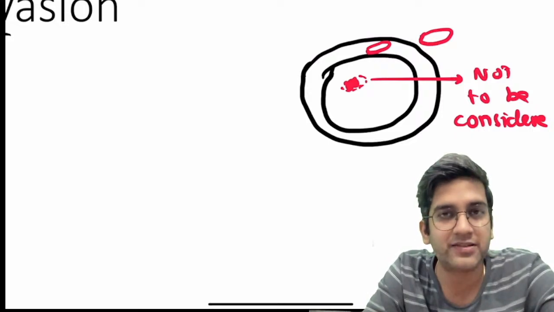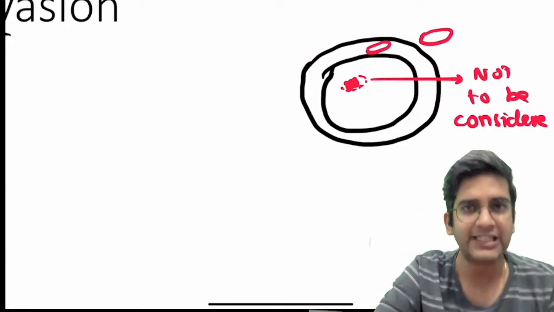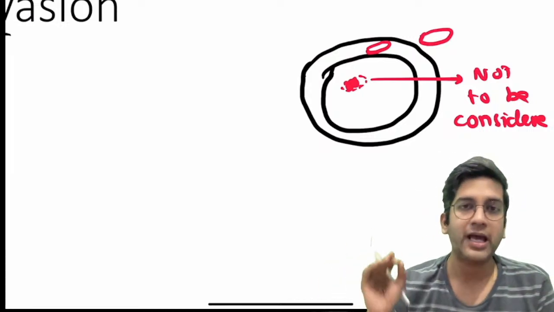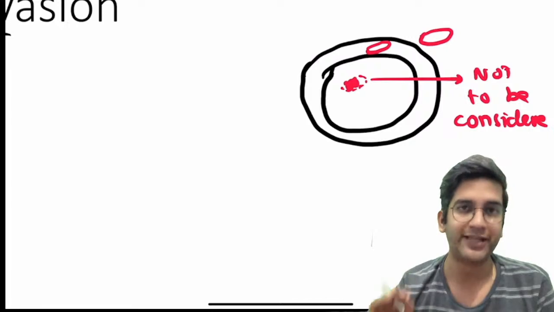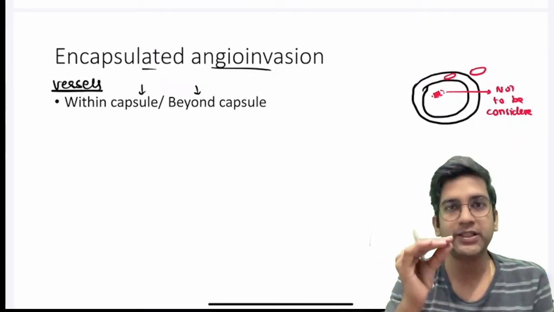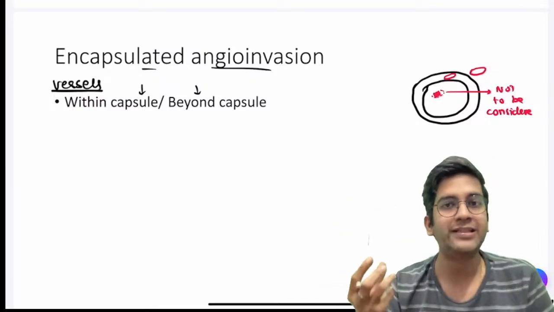When you report a breast cancer, you look for lymphovascular emboli, not always outside. Even if this is inside the tumor extent, you say embolus present. But that is not true for angioinvasion in case of a thyroid neoplasm. Clear? That's the first rule. The vessel should always be either within or outside the capsule. It should never be within the tumor substance.